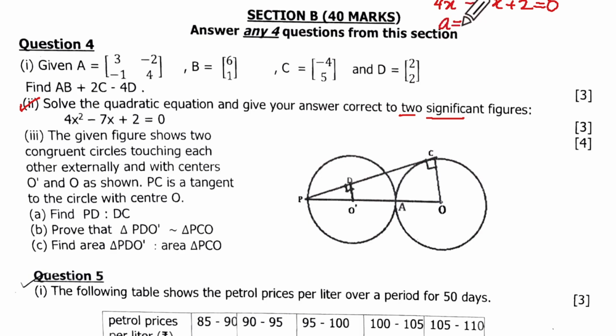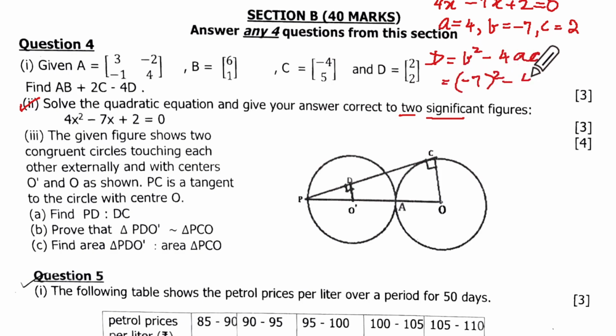So what is the value of A? What is the value of B? What is the value of C? Then you have to find the value of the discriminant. So what is the discriminant? B square minus 4AC. What is B square? Minus 7 whole square minus 4 into 4 into 2, correct?